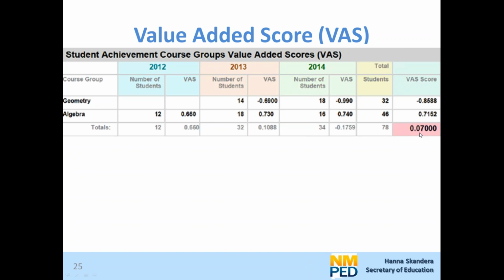And again, we arrive at this 0.07 using that weighted average formula, where you have 14 times this value-added score, 18 times this value-added score, 12 times this value-added score, 18 times this value-added score, plus 16 times this value-added score. You sum up all those products and divide by 78, or the total number of students, and you'll arrive at this 0.07.